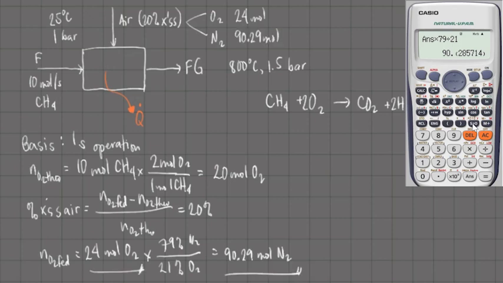Now we can focus on the flue gas. Since we have assumed that our process undergoes complete combustion, the only substances in your flue gas would be carbon dioxide and water, which are your products, plus the excess oxygen and excess nitrogen from your air. Keep in mind that as long as we have percent excess from the air, you will have excess oxygen and nitrogen in the flue gas.